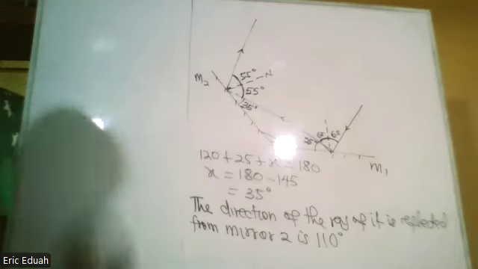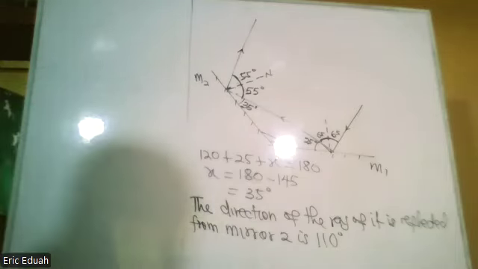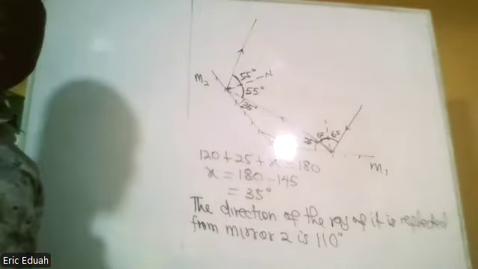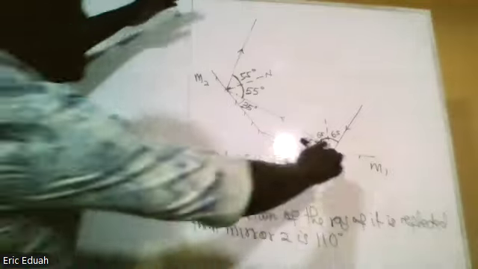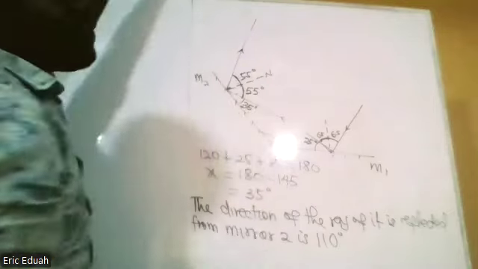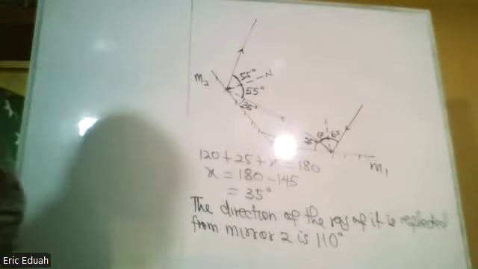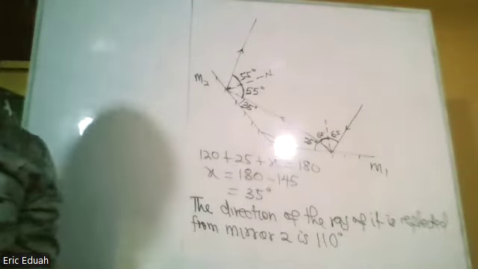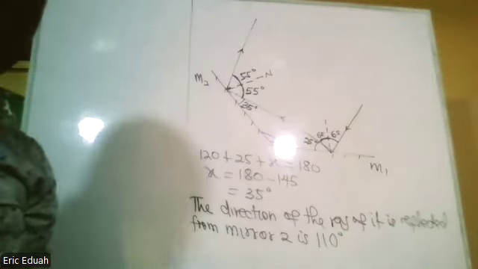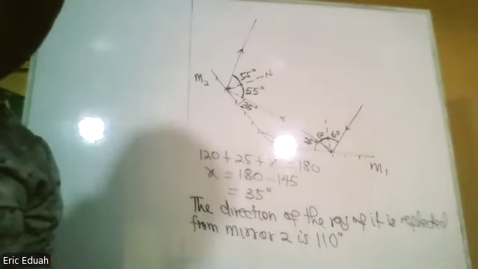A lot of you took it as just the angle of incidence. But we look at the incident ray coming from mirror 1 and then the reflected ray from mirror 2, moving away from mirror 2, to be the direction of the ray after reflection from mirror 2, 110 degrees.